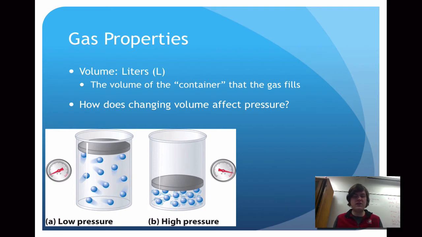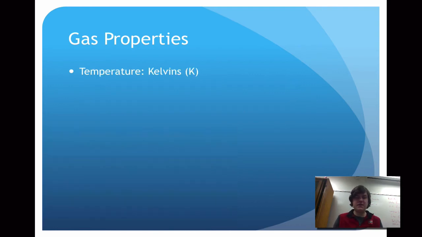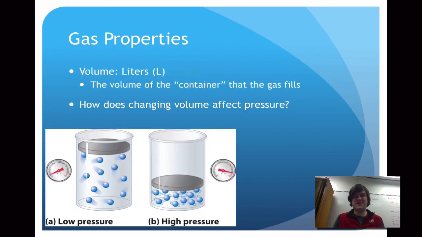There are more collisions happening on the right-hand side because the particles run into each other and run into the walls of the container more often. Just because there's less space for them to move around, they're going to have more collisions. As volume decreases, pressure increases.